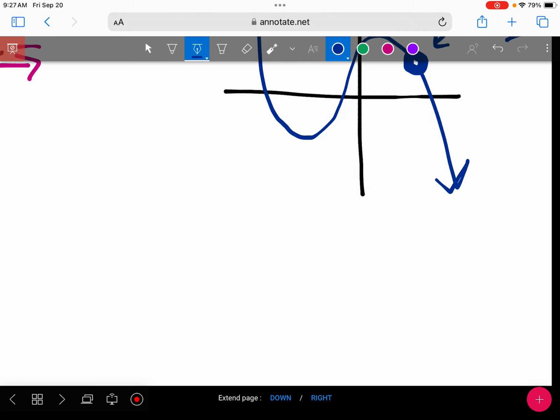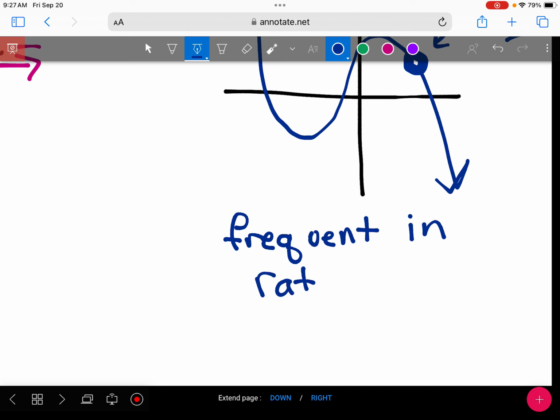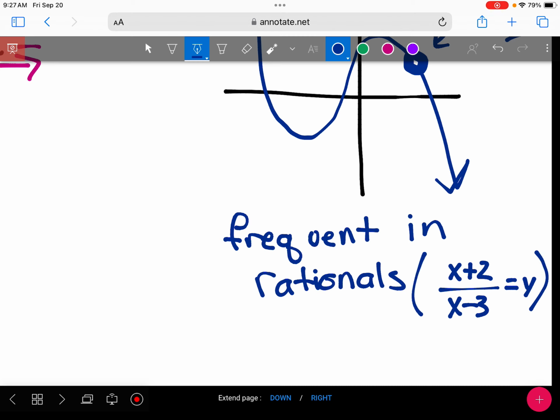And this is going to be very frequent in rationals. Do you guys know what I mean when I say rationals? That's when we have our x plus 2 over x minus 3. Those guys. We did those in Algebra 2. That's what rationals are, things that look like this.